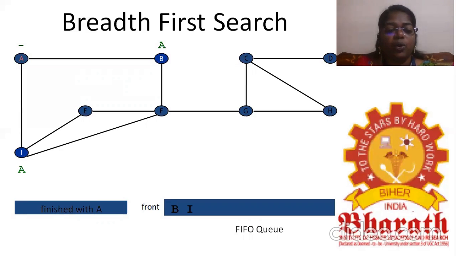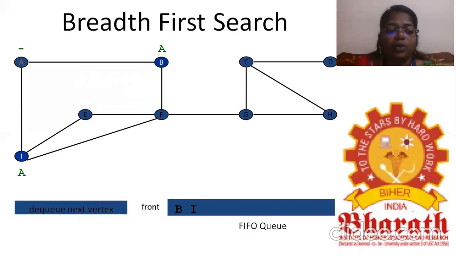The next node is B, which is in the front of the FIFO queue. So we dequeue the vertex B and mark B in red color to identify its neighbor nodes.